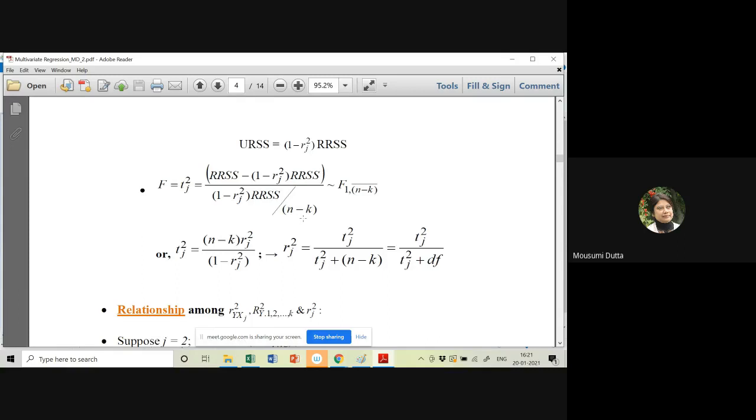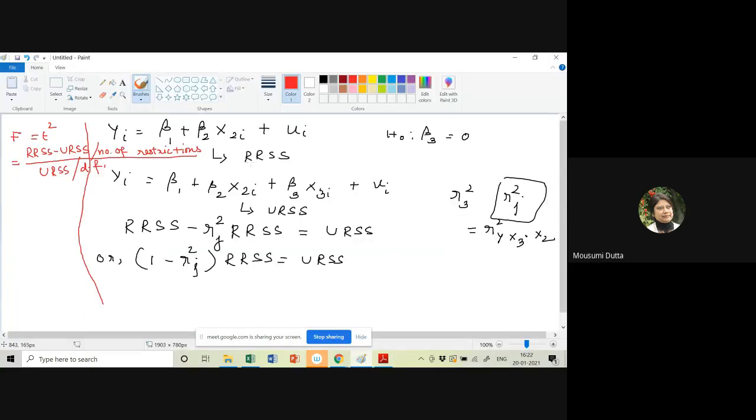For RRSS, the degrees of freedom is different, because you are dropping one explanatory variable there. In our particular example, our restricted model has one explanatory variable, whereas our unrestricted model has two explanatory variables. Can you tell me what the degrees of freedom of RRSS and URSS will be?